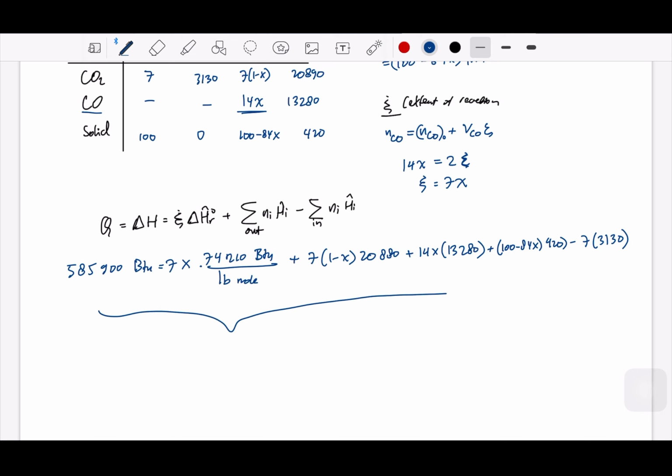After solving this, we get the conversion is 0.801, or 18% conversion.